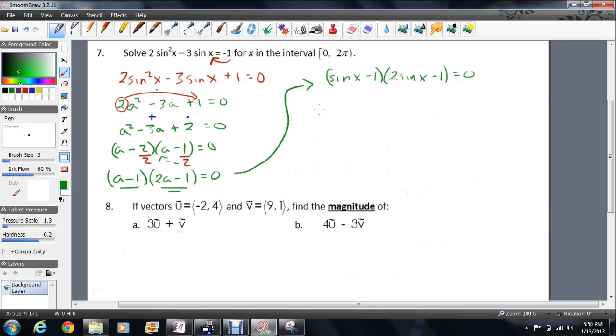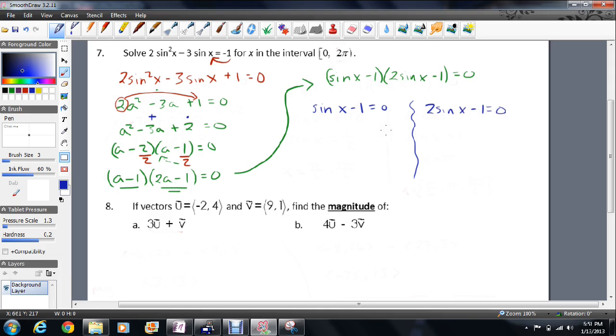Again, I'm going to split this up. I'm going to say the first set of parentheses equal to 0, the second set of parentheses equal to 0, and then I'll go ahead and solve each one of them.